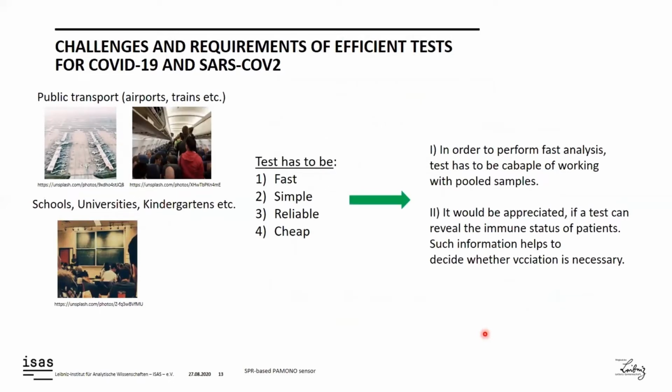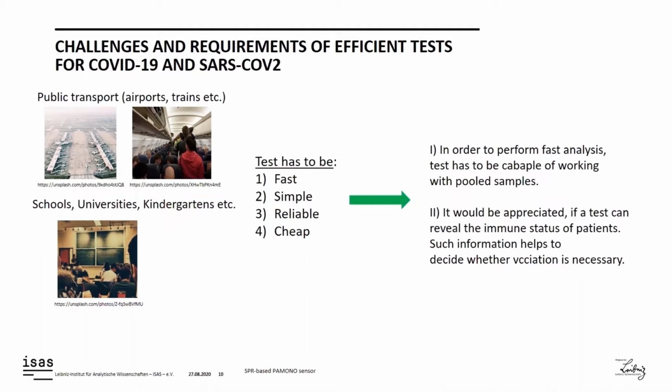This instrument is supposed to be fast, simple, reliable, and cheap. Indeed, the PAMONO-sensor is a rather simple, reliable, and cheap instrument. It really may help to analyze samples provided by relatively large groups of people, travelers in airports, trains, students in schools and universities.